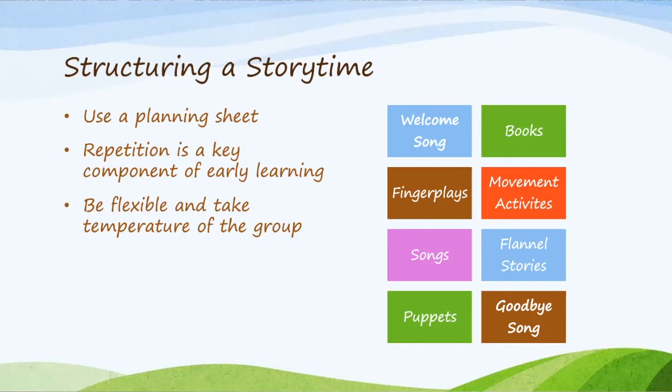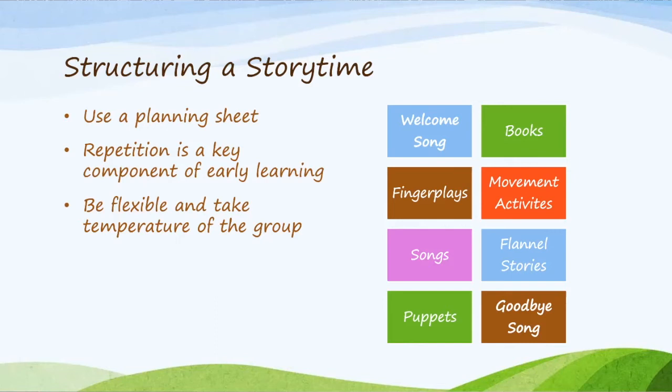So you do want to plan, but you also want to be flexible and know when to try things. If a book is not really working, you certainly don't have to continue with that. You can move on to the next activity.